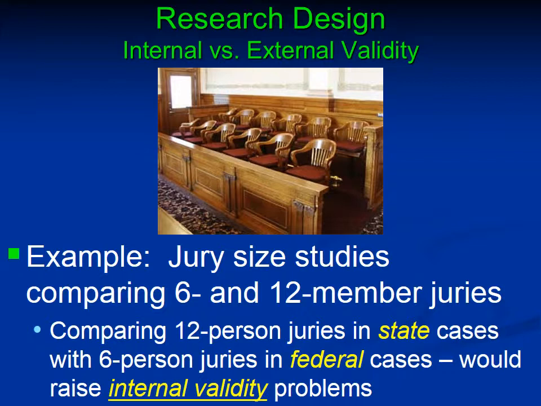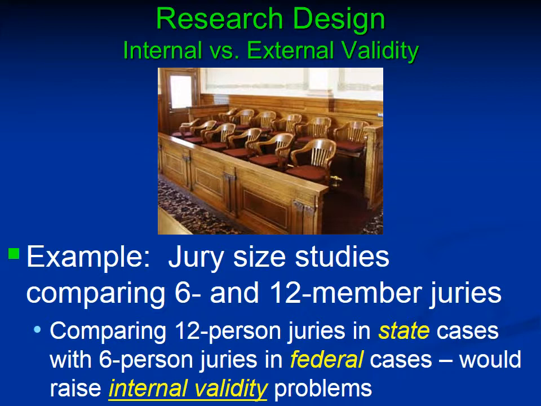Now that is going to raise internal validity concerns. Now why is that? Well, that's because any differences that we observe in jury functioning between our 6 and 12-member mock juries could, of course, be due to the difference between federal and state defendants and prosecutors if it's a criminal case, federal and state plaintiffs and defendants if it's a civil case, differences in federal and state judges or jurors, or even the types of cases that you're going to get in those two systems.